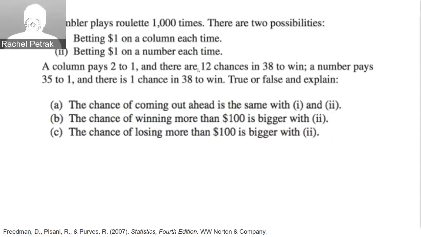We need to think through first what happens if you play each of these possibilities. We bet $1 on the column. Well, if you bet $1 on the column, that pays 2 to 1. Let's think first about the chances of winning. There's 12 chances in 38 to win.